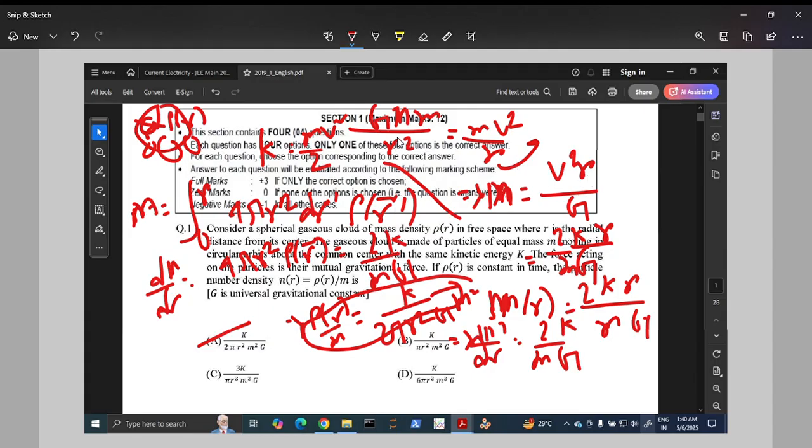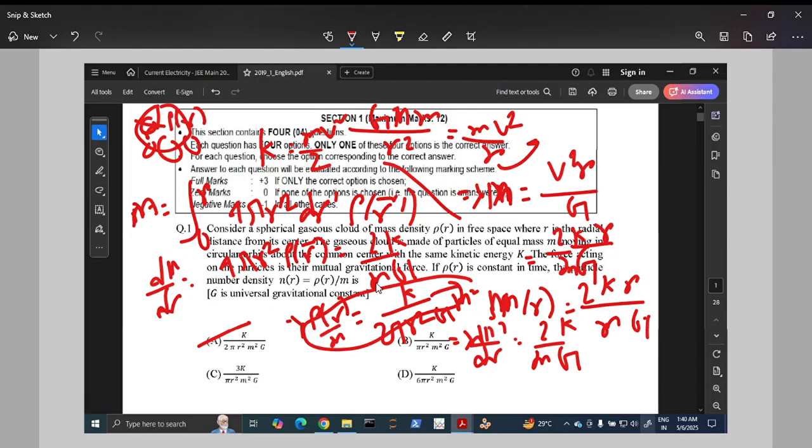And from the equilibrium of forces I can write this. Again, the kinetic energy of a particle of mass m is m v squared by 2 equals K, so v squared is equal to 2K by m. I just replace v squared with 2K by m here. So M(r) is equal to 2Kr by m G.